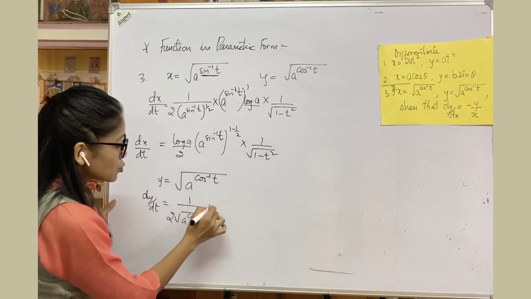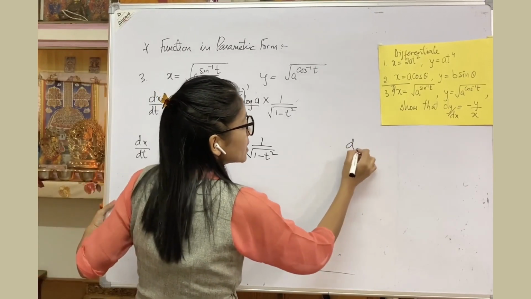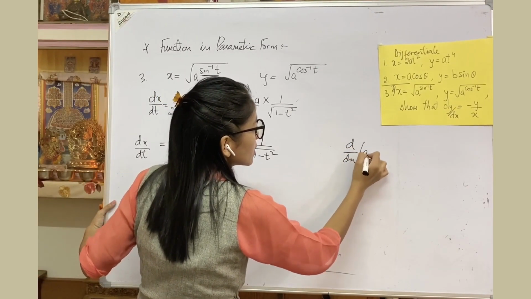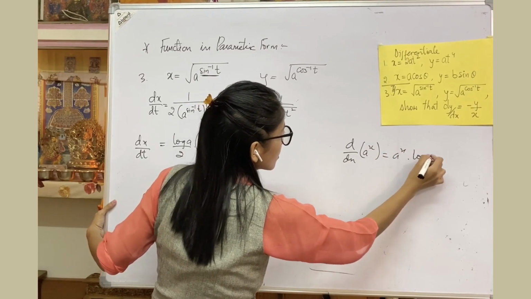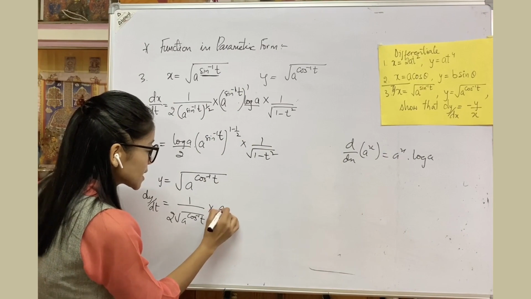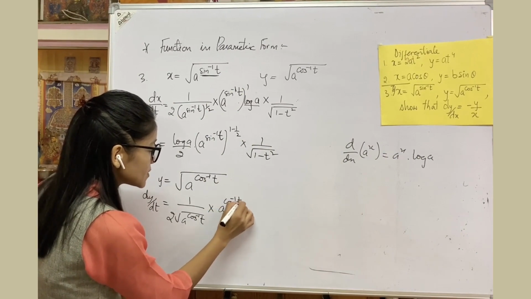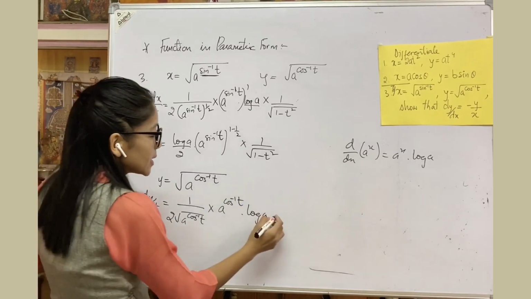Okay, into then a raised to this, so it is of the form d of a raised to x. Okay, so I'm going to apply this. So here we have a raised to cos inverse of t into log a, right? This is done.